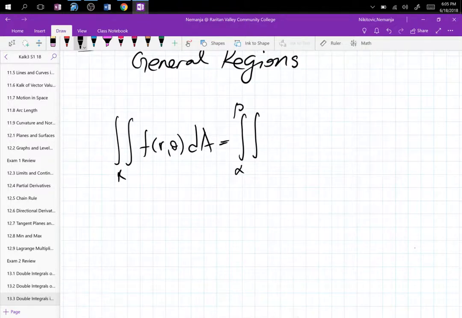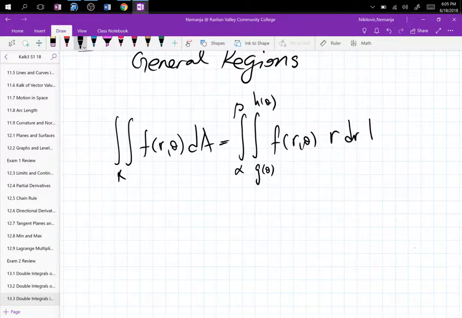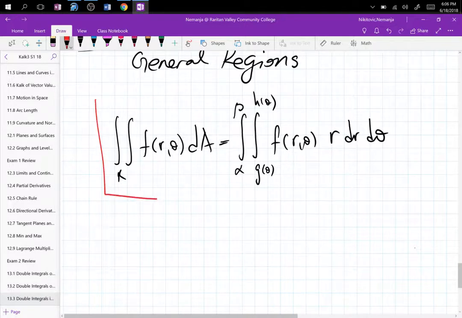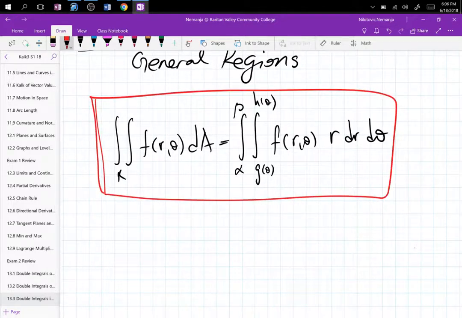And now we are going to have two functions, g of theta and h of theta. We still have our f of r theta here, and now we have r dr d theta. Now this will allow for some very interesting situations.